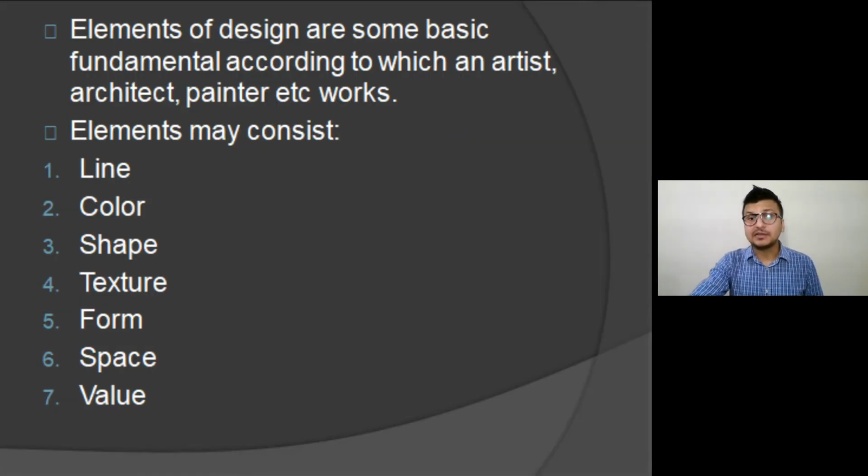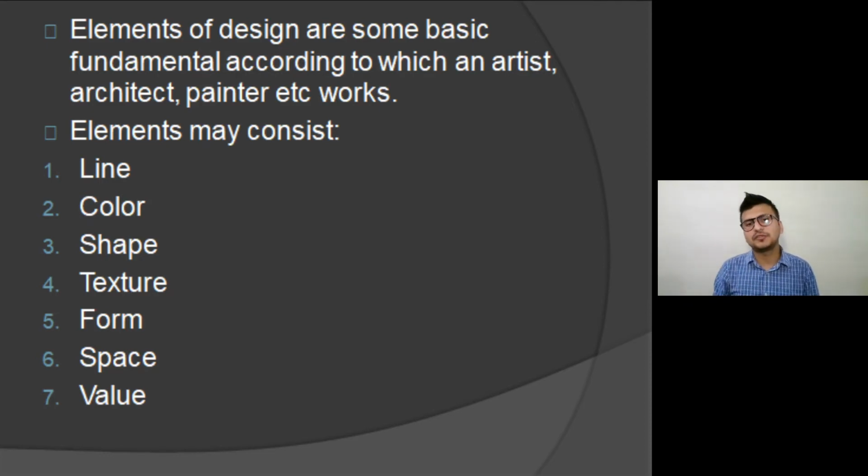Elements of design are the basic fundamentals according to which an artist, architect, or painter works. We all know that the designs used by the architect, the painter, the artist, and other people in the creative field who are making things need a few elements. It is not necessary that all the elements are required in a design, but there can be 2, 3, 4, or 5 elements as per your requirement, but at least one element is required in a design.